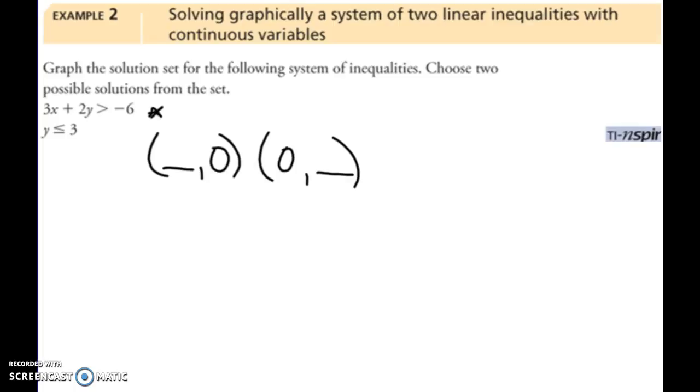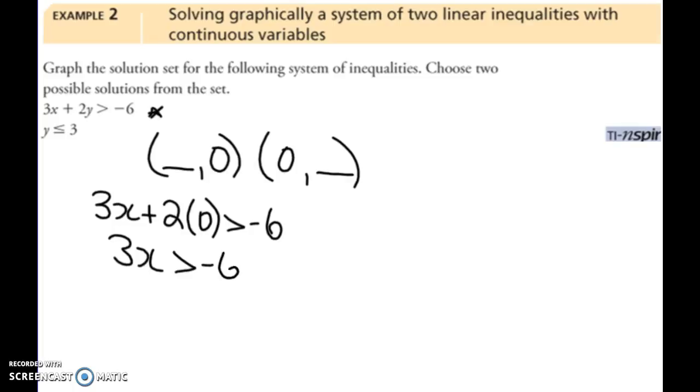So if my y is 0, then instead of 2 times y, it's 2 times 0 is greater than minus 6. So I have 3x, 2 times 0 is 0, greater than or equal to minus 6. I divide by 3, I have x is greater than or equal to minus 2. So when y is 0, my x is minus 2.